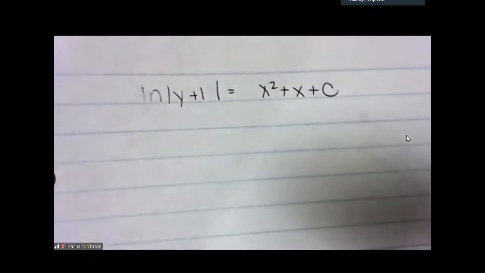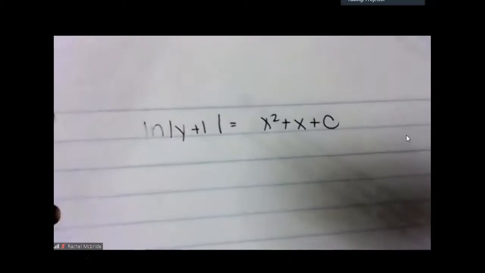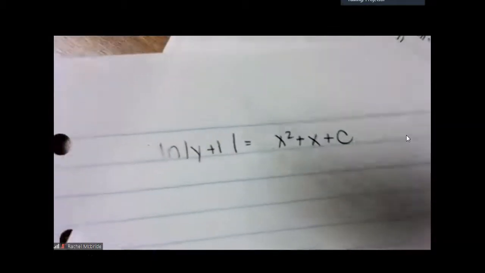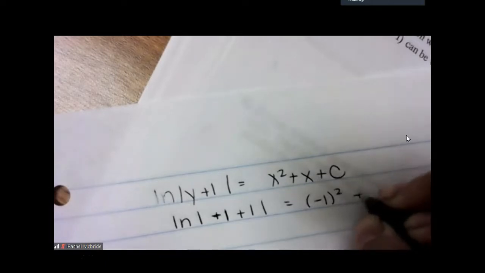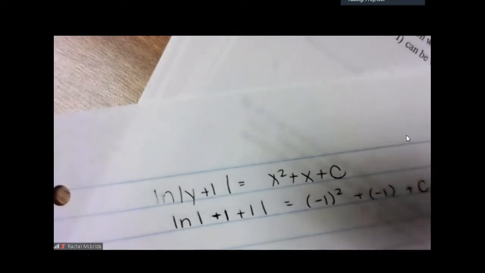Okay, so you have two choices about when and where you want to plug in. We were given that y of negative 1 was equal to 1. So you could plug it in now and say, okay, the natural log of |1 + 1| equals (negative 1) squared plus negative 1 plus c.